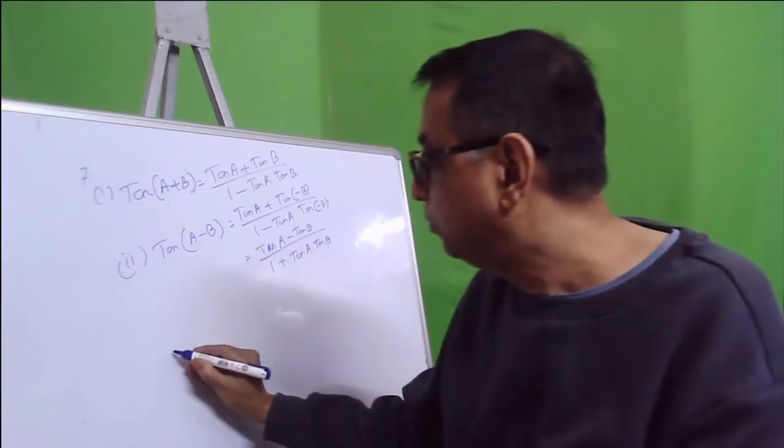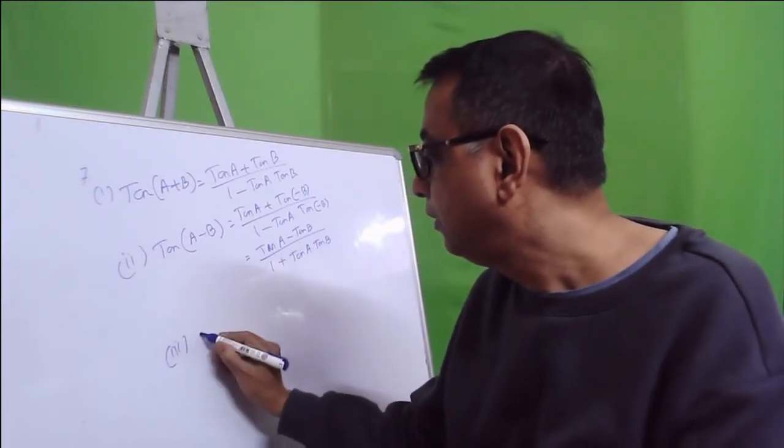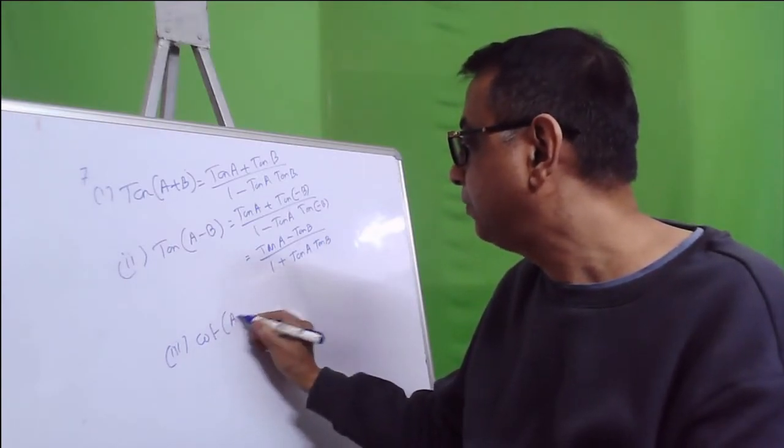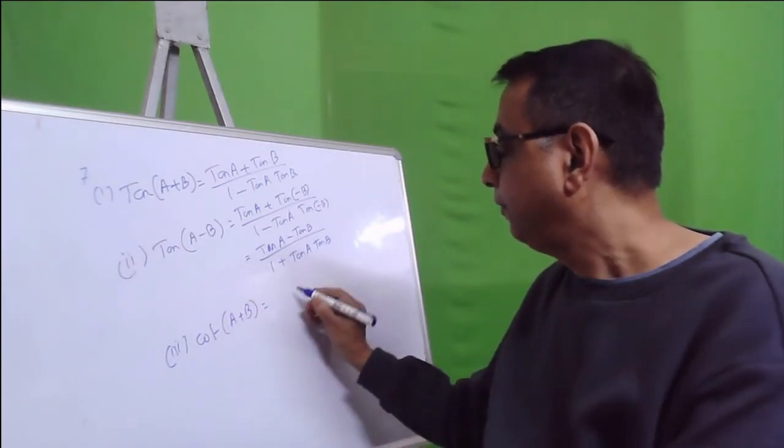This is part 2. Part 3 will be cot of a plus b. I am going to do it very quickly.